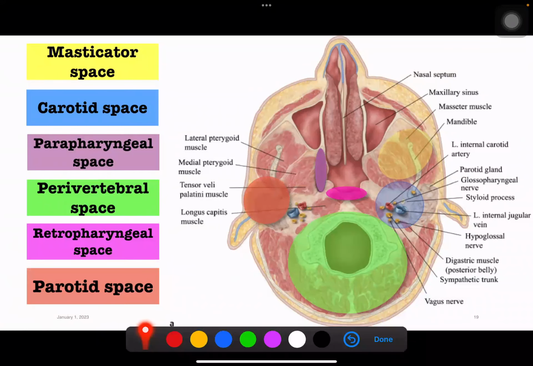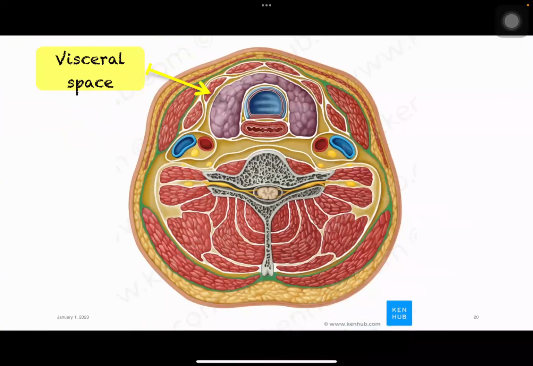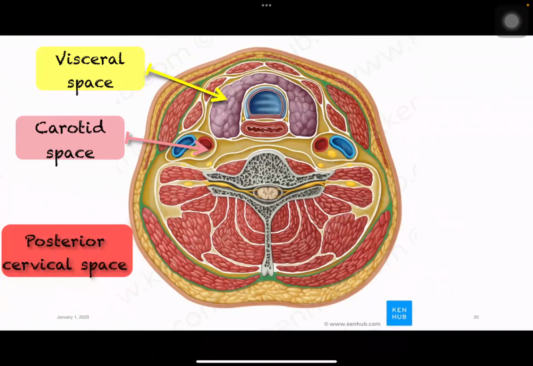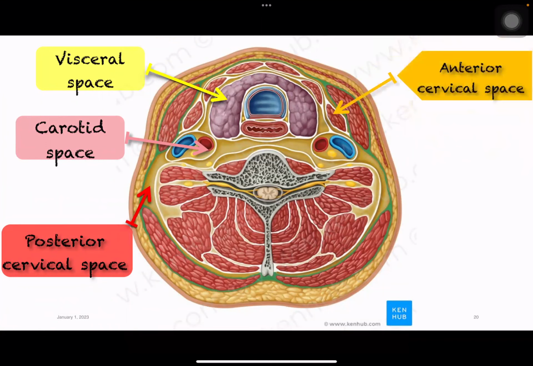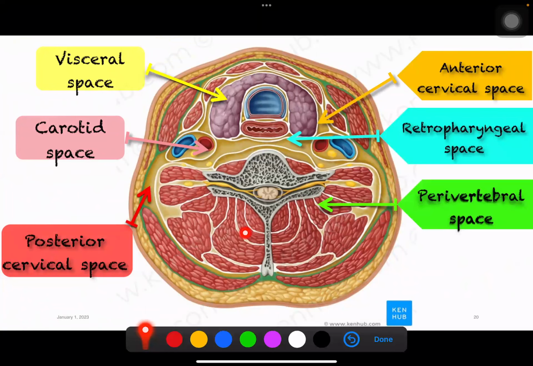Regarding infrahyoid neck spaces, they consist of visceral space, carotid space, posterior cervical space, anterior space, retropharyngeal space, and perivertebral space. So carotid, retropharyngeal, and perivertebral spaces are both supra- and infrahyoid.